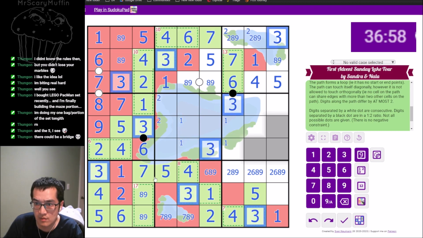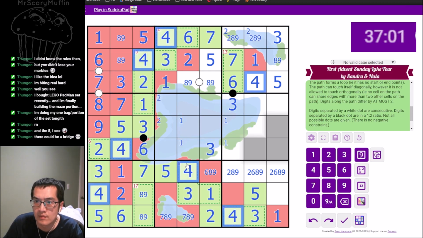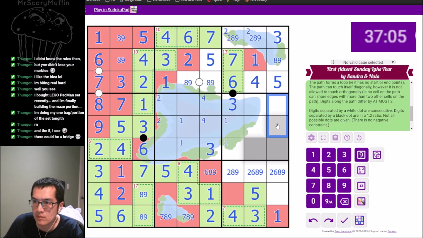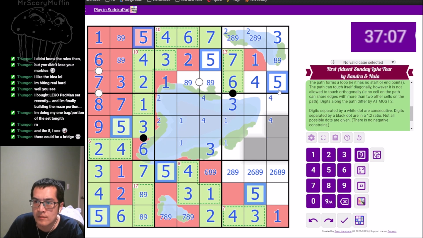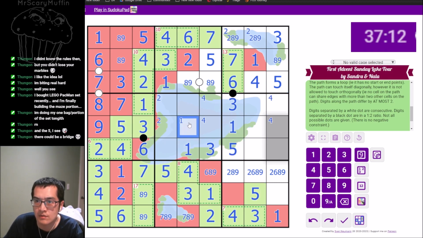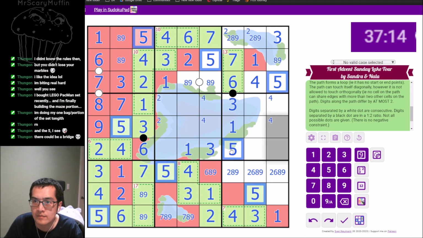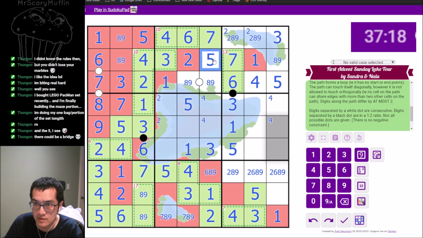Got all the 3s? All the 3s are done. 4, 4. One of these is a 4. One of these is a 4. 5, 5. This is the 5. It's in here. I think that's all the 5s.